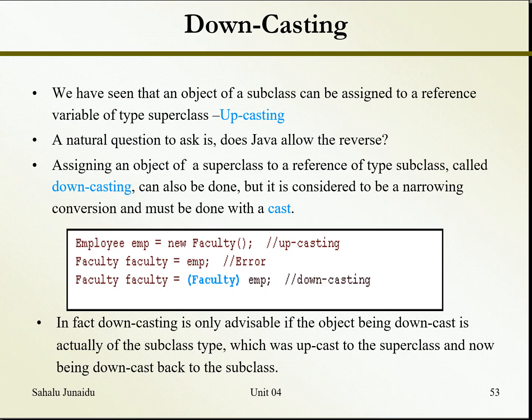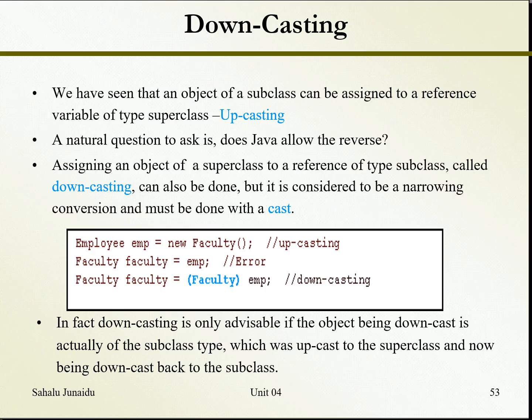We know a faculty member is an employee. Fine. So an object of type faculty is assigned to a reference of type employee. That's fine, we're only saying that a faculty member is an employee.